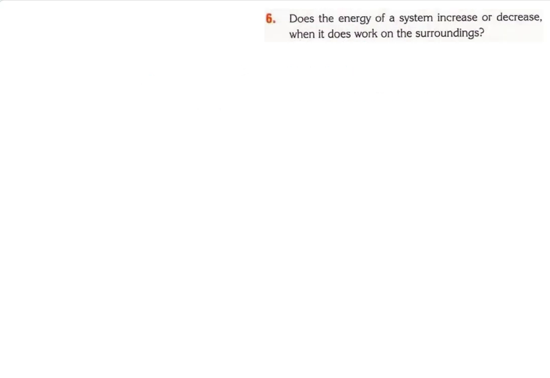Question 6. Does the energy of the system increase or decrease when it does work on the surroundings? So here, let's draw a system. Here is the surrounding, and here is the system.